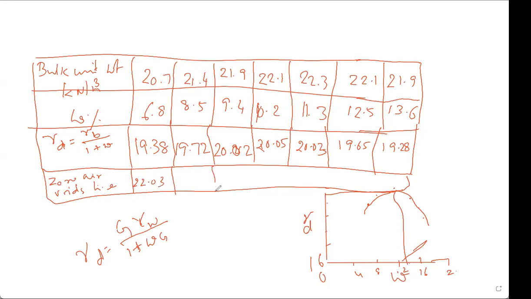For this, I'll get 21.22. Like that, I'll get 20.81. This is going to be 20.46.